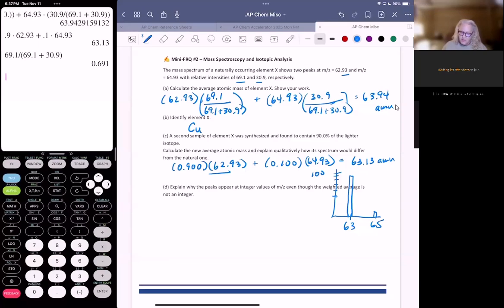It's not a counting number. So a weighted average is like a GPA: if you have all A's, you have a 4.0. But if you add in a B, you're going to end up with more decimal places in your number. Just because that's a weighted average and not a counting number, we're going to get a decimal, not an integer.